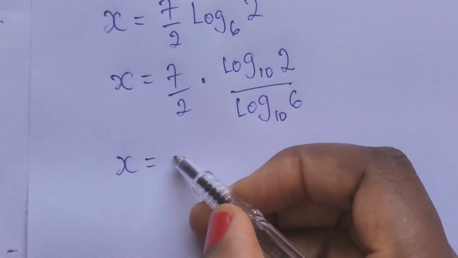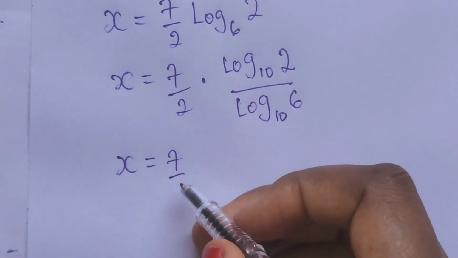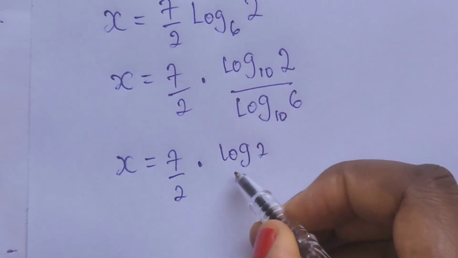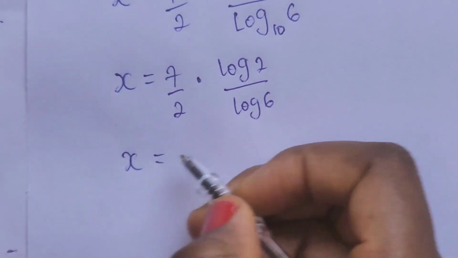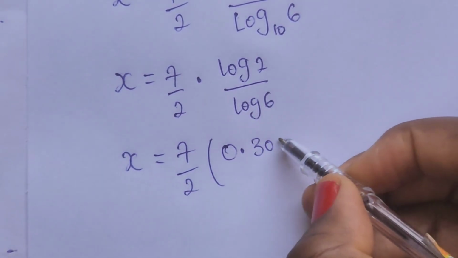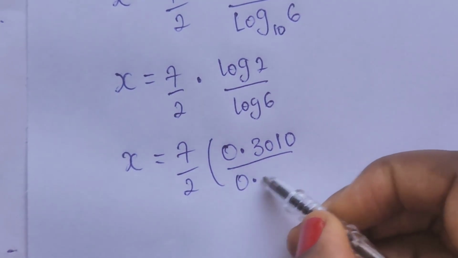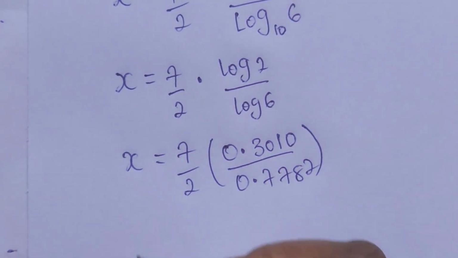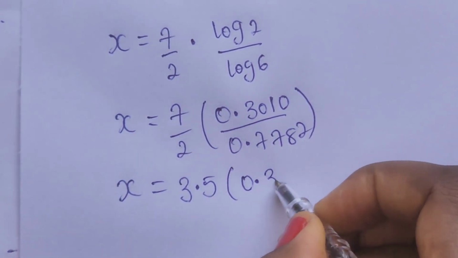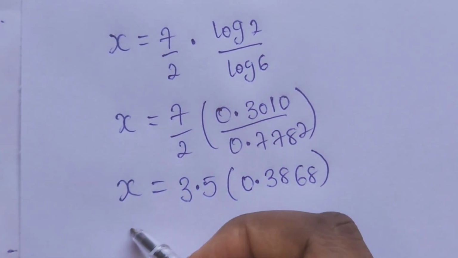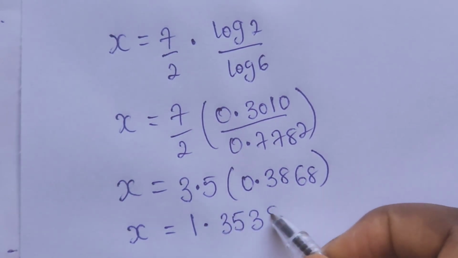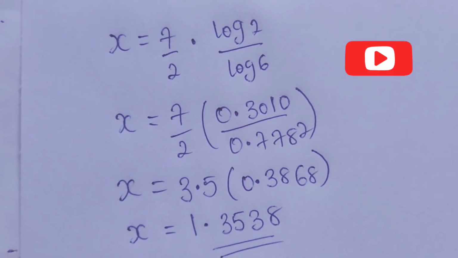So we have x to be equal to 7 over 2 times 0.3010 all over 0.7782. So x is equal to 3.5 times 0.3868. So we have x to be equal to 1.3538.